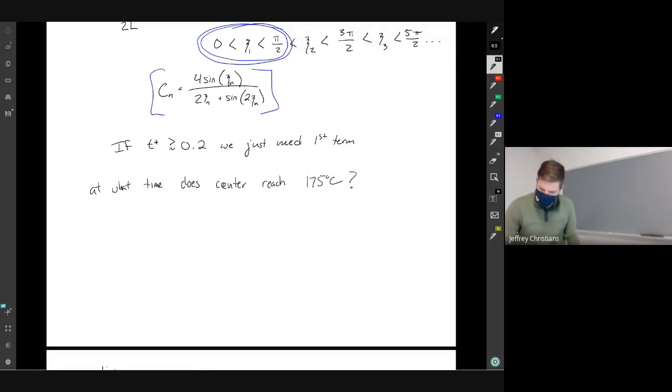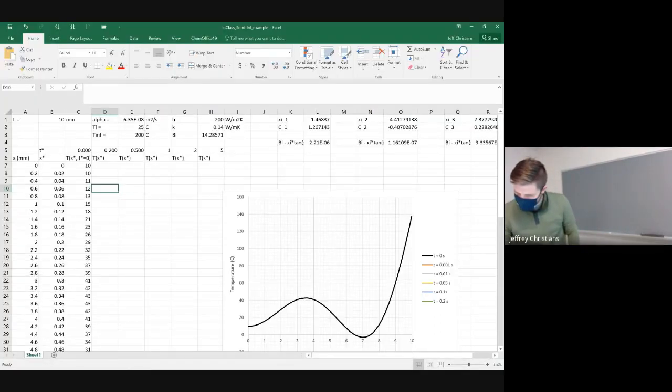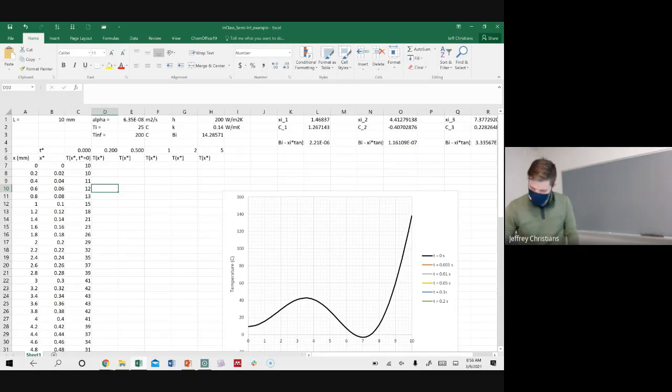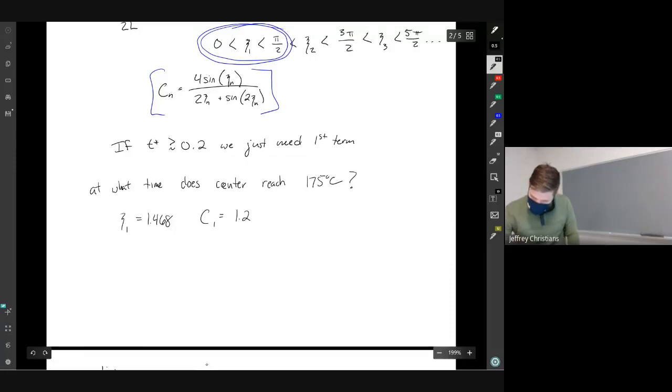So this, we already found C1 and C1. We just did that. I'll look up what our answers were. 1.468 and 1.267. So this is 1.468, 1.267.